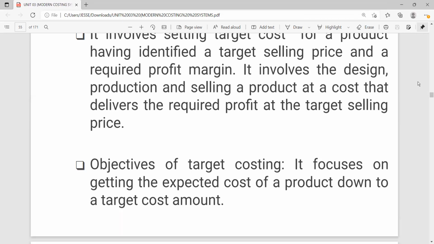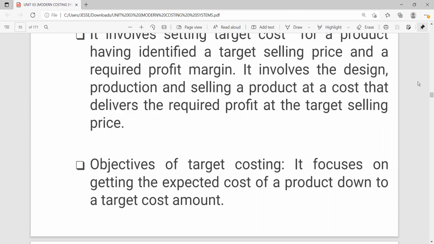What are the objectives of target costing? It focuses on getting the expected cost of a product down to a targeted cost amount, which we already described, right? So let's say if you are producing a shoe in my earlier example, and your target cost is $7, then it means that the materials that you use, the labor that you use, everything, you must be efficient enough so that the cost of the shoe is $7, right?